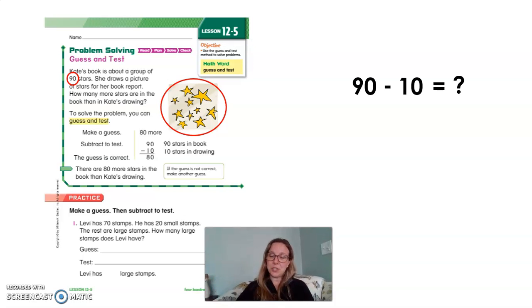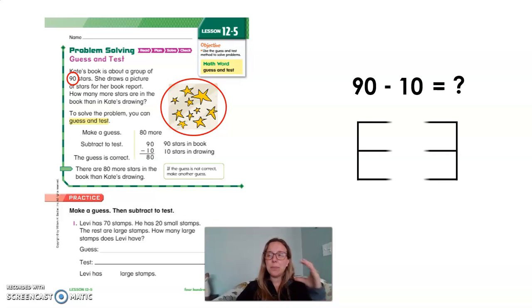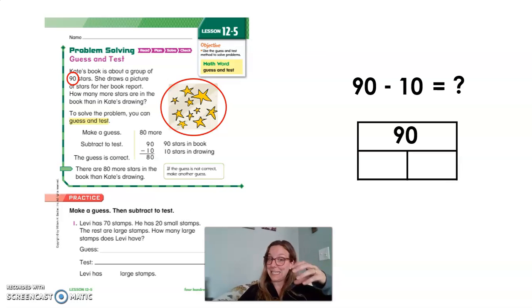Now what we can do is think about our part whole addition and apply that to our subtraction. If we know our whole or our total is 90 and we know that one of our parts is 10, then our difference, that other part, will tell us our answer to our question.